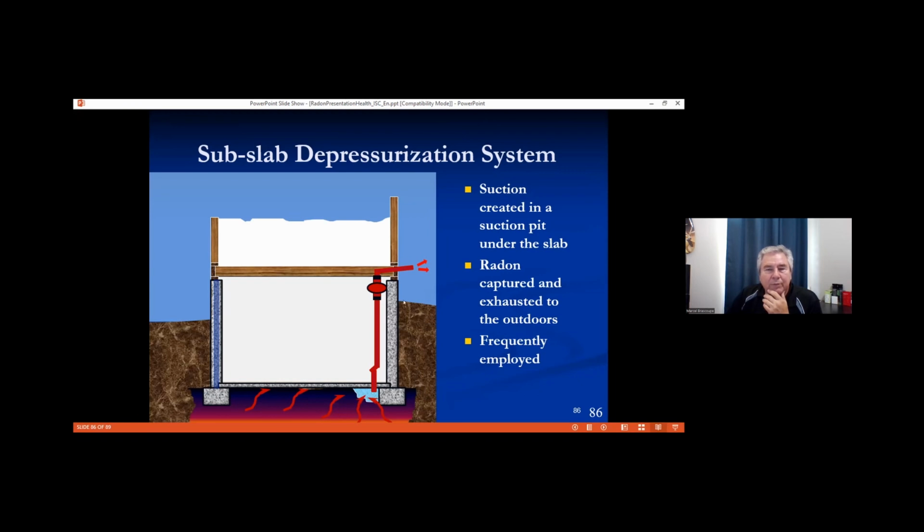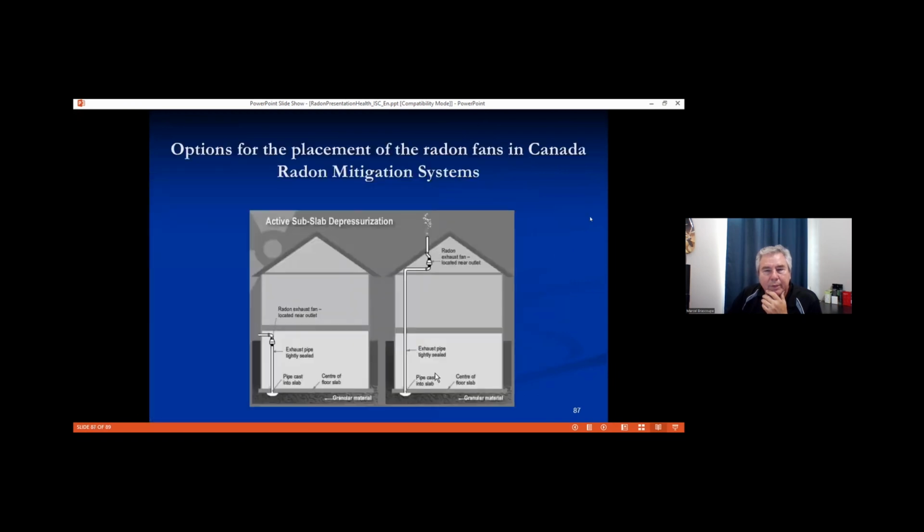This type of installation is also accepted by Health Canada. So in the Health Canada documentation, we can see the two types of installations that are acceptable: the radon fan on the left installed in the basement with a sidewall discharge, and the other one with the radon fan installed in the attic and discharging through the roof.